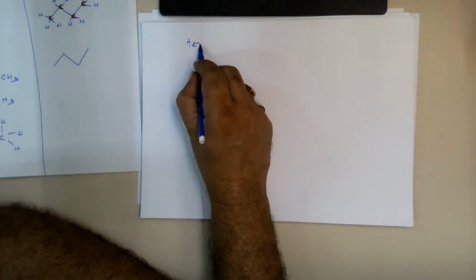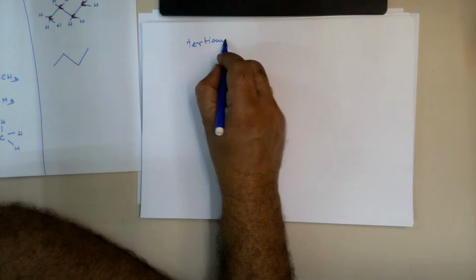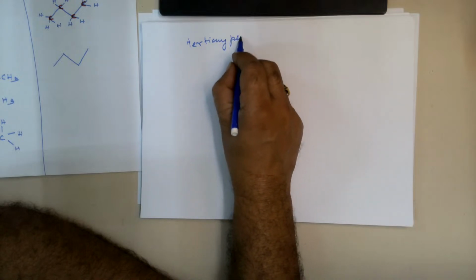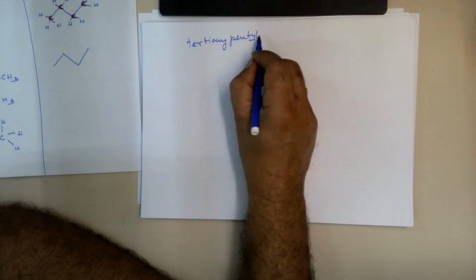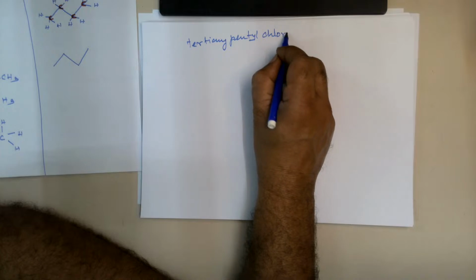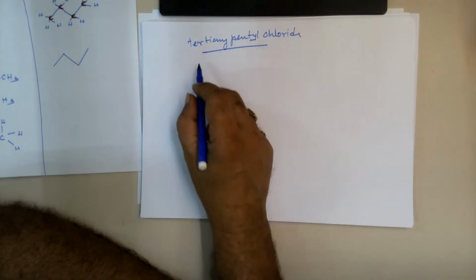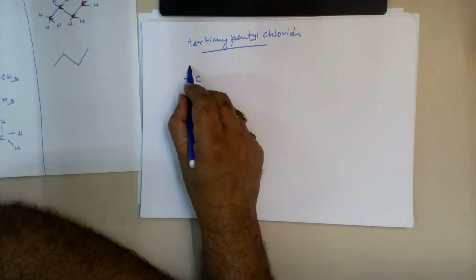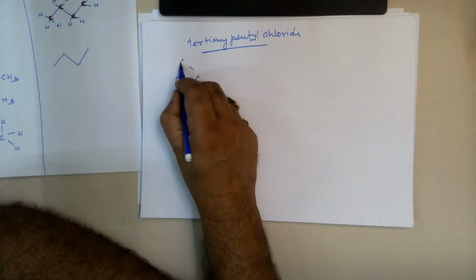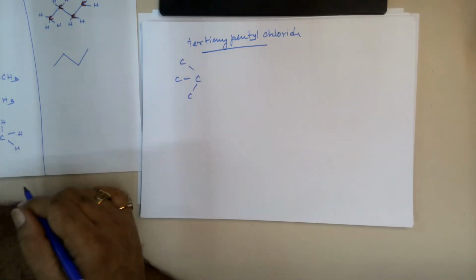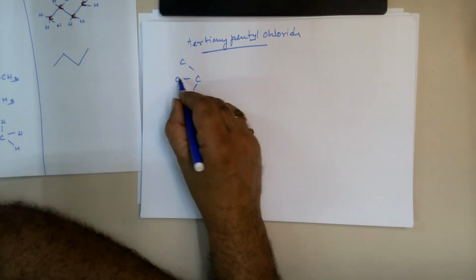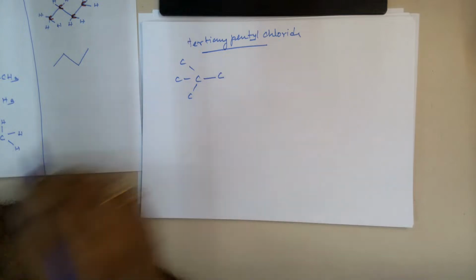Tertiary pentyl chloride. Let us discuss this. So tertiary means 1, 2, 3. Pentyl means 5 carbon atoms. So 1, 2, 3, 4, and you have 5.